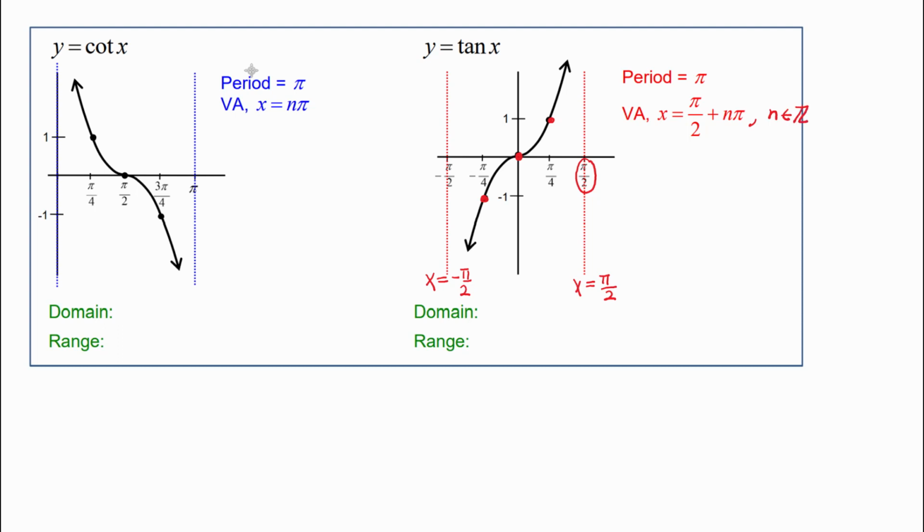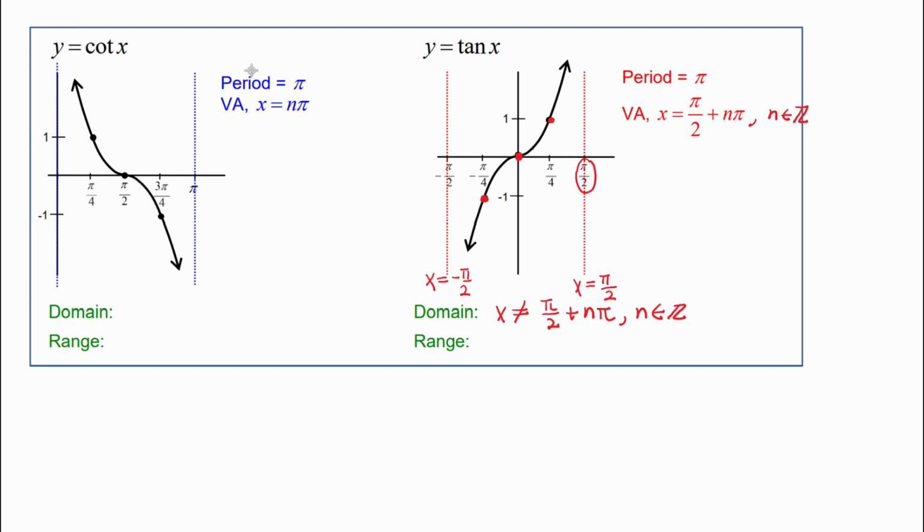So the domain is, since your graph is discontinuous at all these x values where you have vertical asymptotes, x not equal to those points, which is pi over 2 plus n pi, where n is an element of the integers.